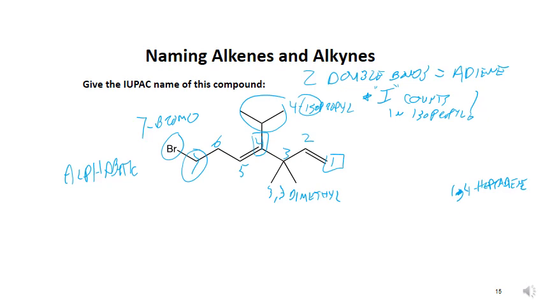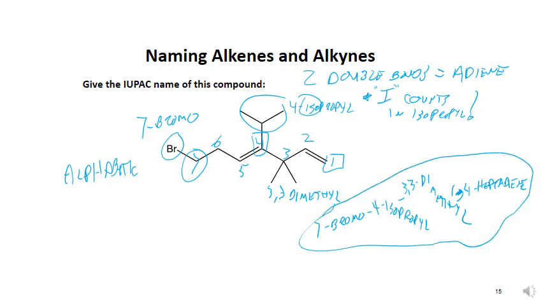Okay, so that means 7-bromo, 4-isopropyl, then 3,3-dimethyl, 1,4-heptadiene. 7-bromo, 4-isopropyl, 3,3-dimethyl, 1,4-heptadiene.